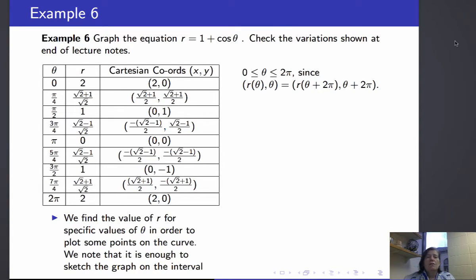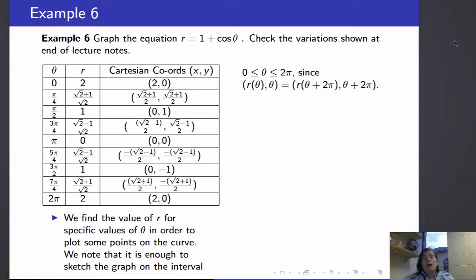When theta is pi over 4, r is 1 plus cosine pi over 4, which is 1 plus 1 over the square root of 2. And the Cartesian coordinates are r times cosine theta, r times sine theta. These are both the same, the square root of 2 plus 1 over 2 for both x and y.